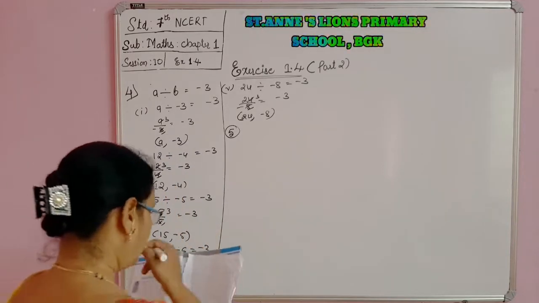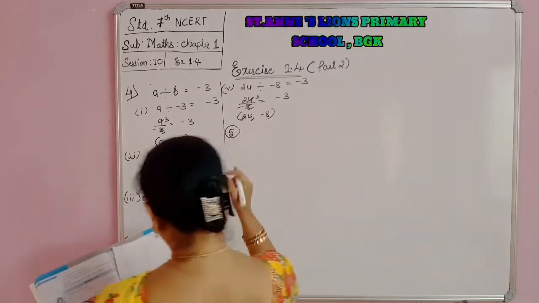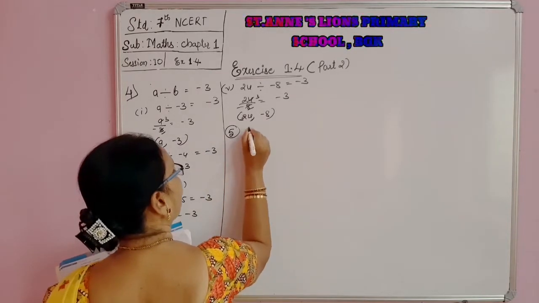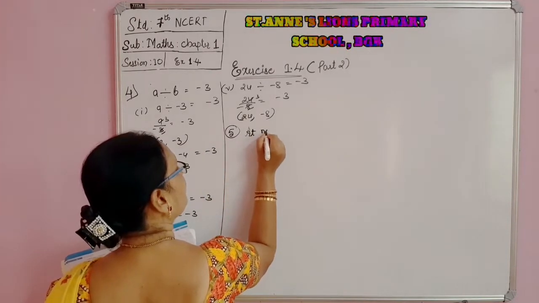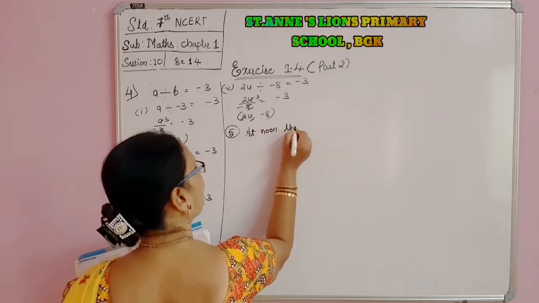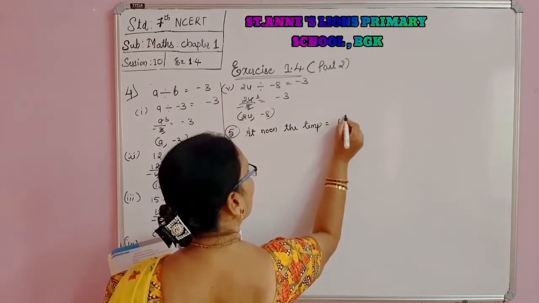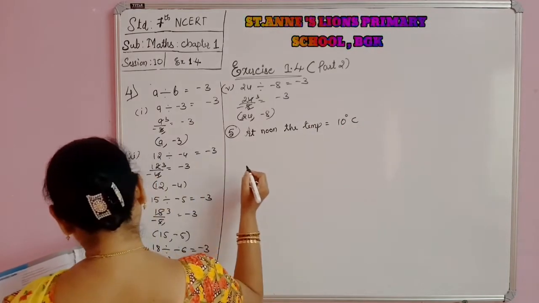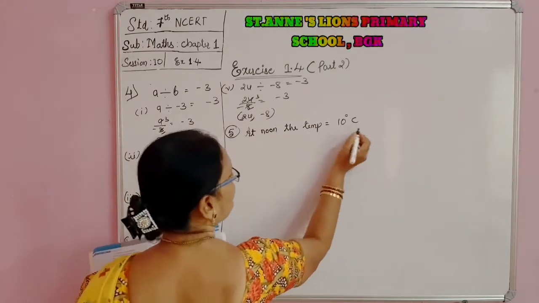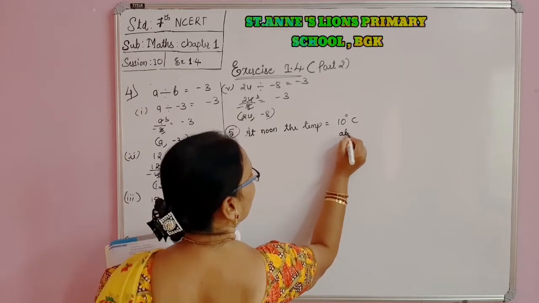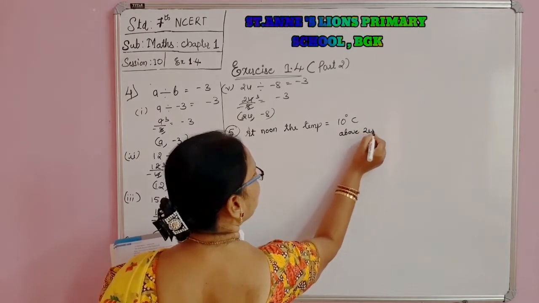Okay. Fifth problem. At noon the temperature is 10 degrees Celsius, it is given. And this is above 0, which means it is plus.